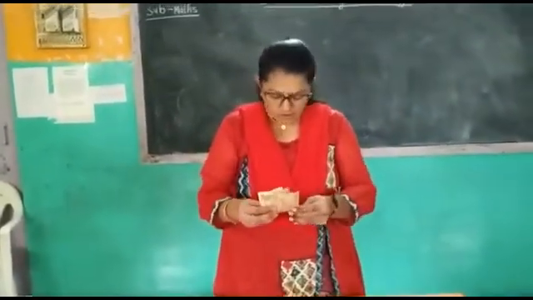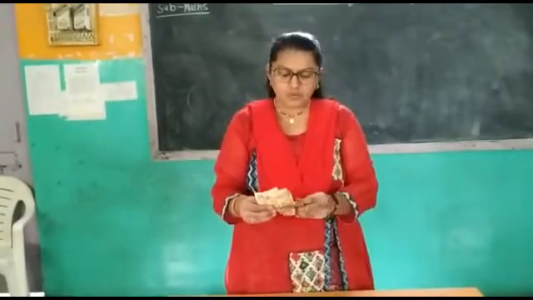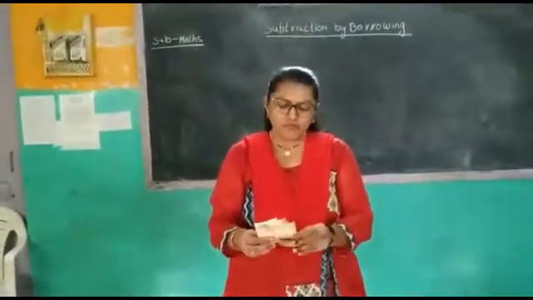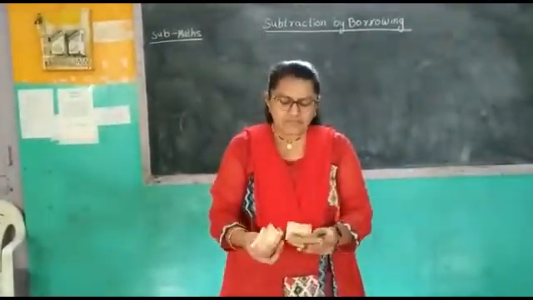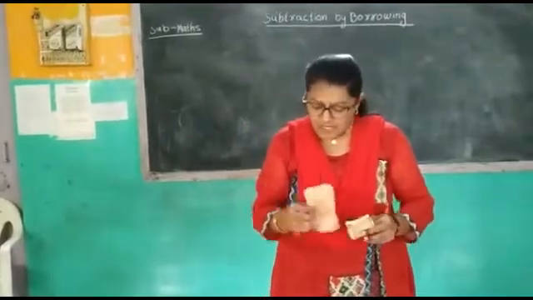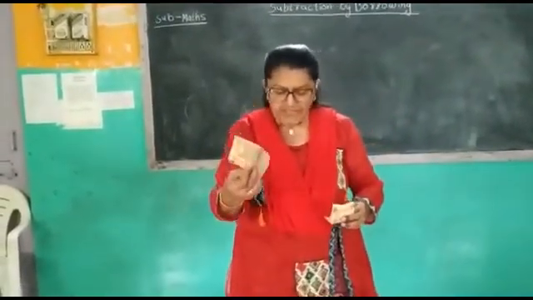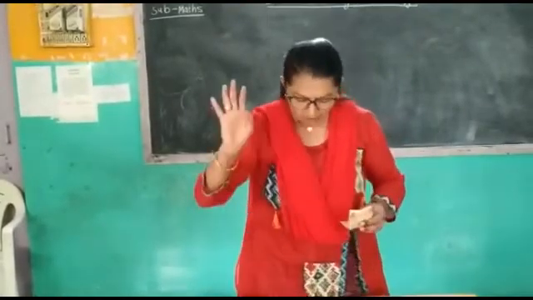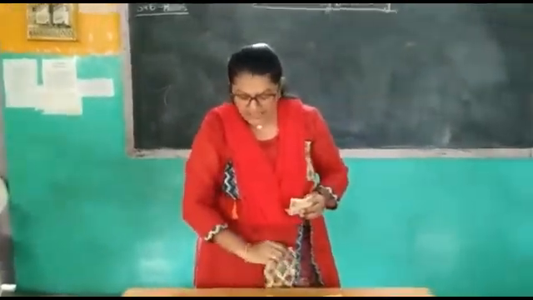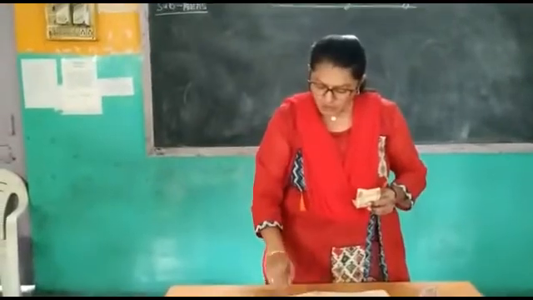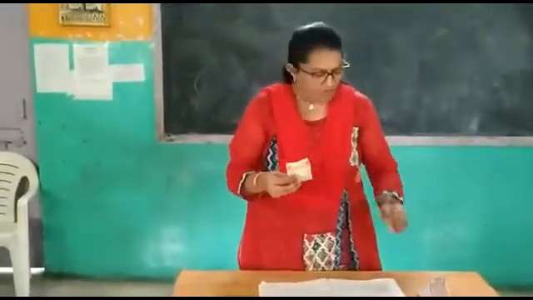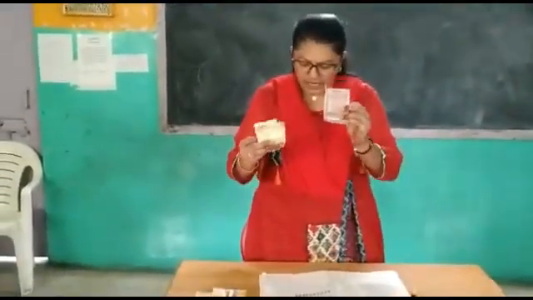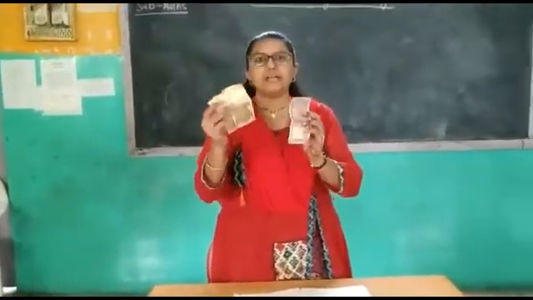Now I am giving Nandu 1, 2, 3, 4, 5, 6 and 7 notes. See, I have to give 70 rupees, so I am giving these 10 rupee notes to Nandu. Now what is Salma telling, children? Sonu will be left with a 100 rupees note and a 10 rupees note.